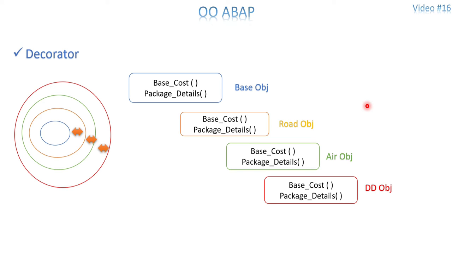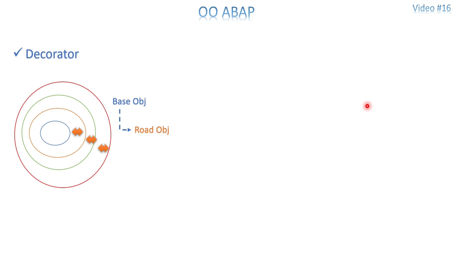Good. Let's go to the next one. I would like to explain the connection between these two, the object reference or reference variable. I'm going to explain the connection between these two objects. So far we have created only one object, right?